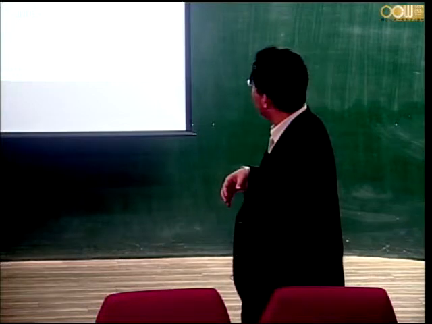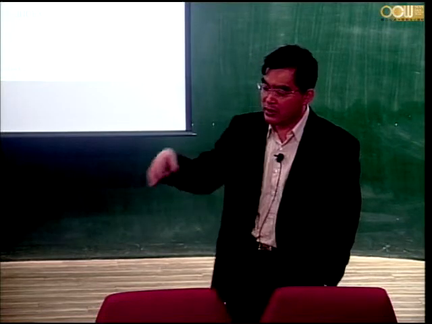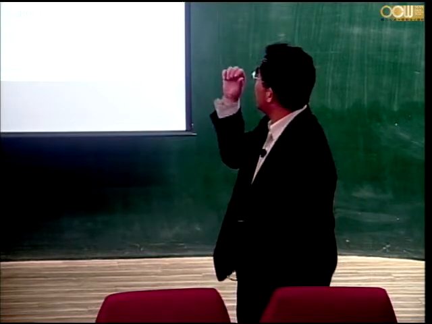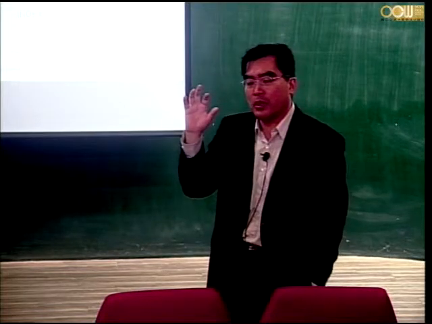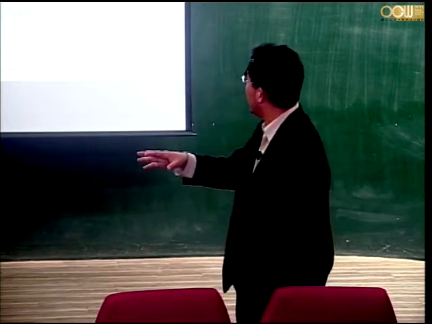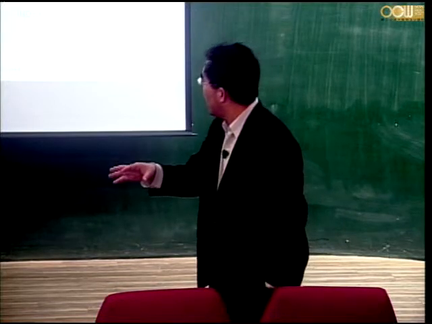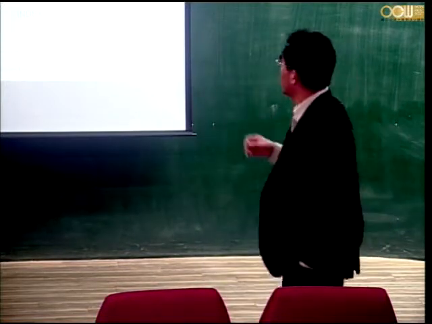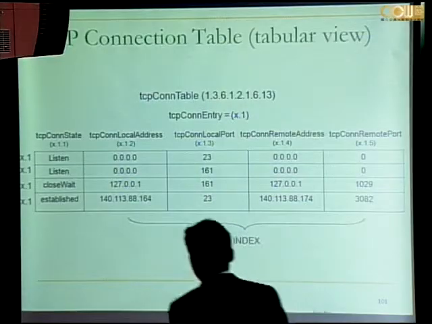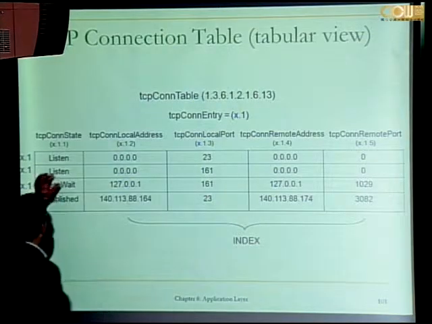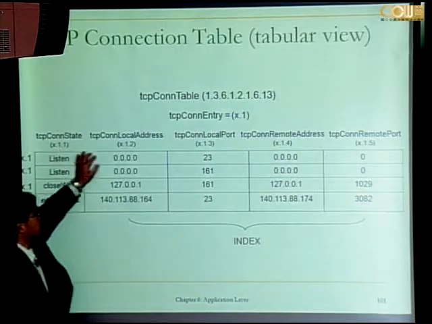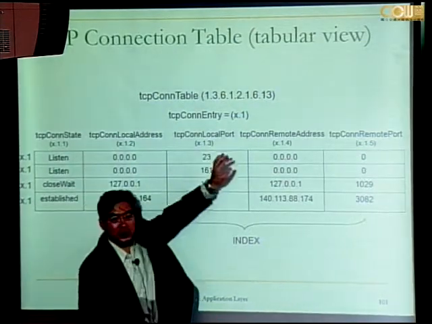Then you could issue an SNMP query specifying the object identifier, and normally it will give you the first entry. The first entry will be this. And then the second entry, and the third entry.